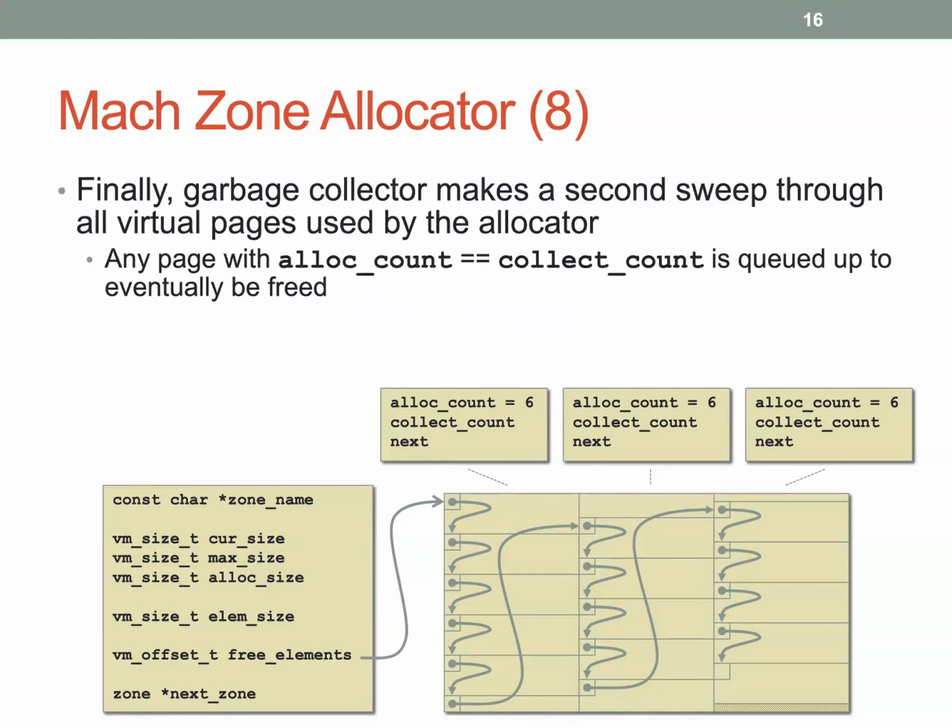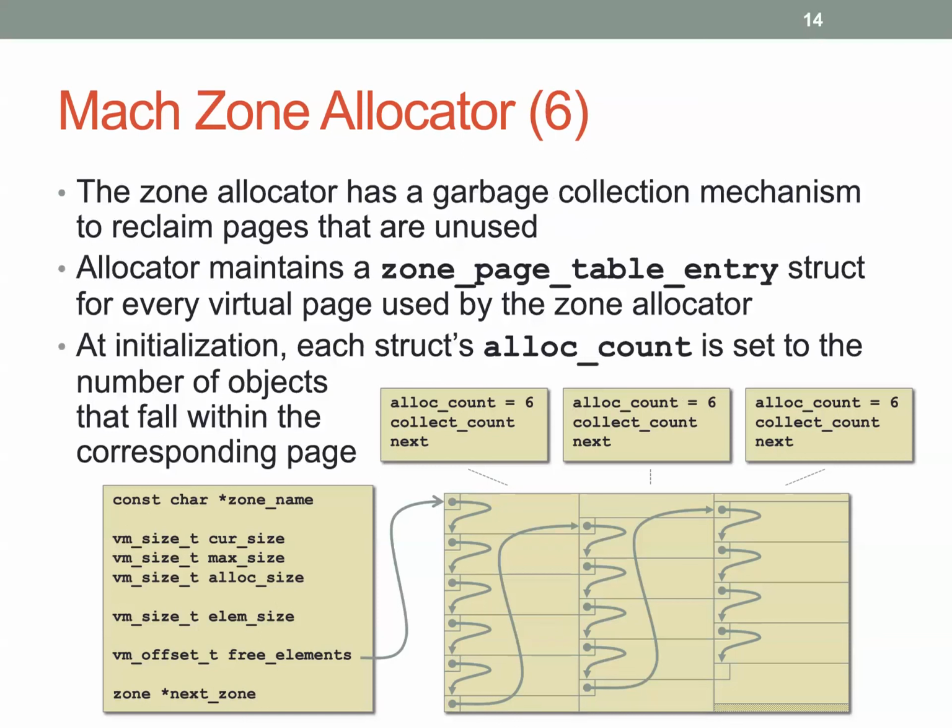Once the garbage collector has gone through and chased down all the free element lists, it can make a second pass and look through all these, I can't remember what they're called. I'm going to go back a slide to make sure I call these zone page table entries.